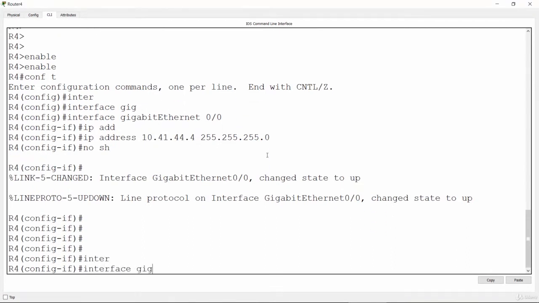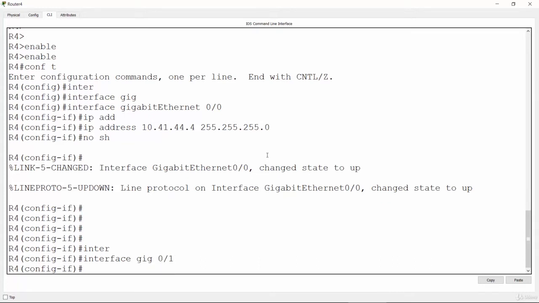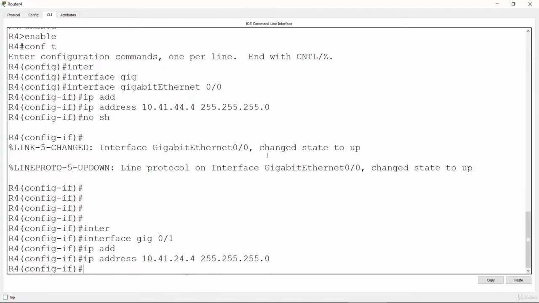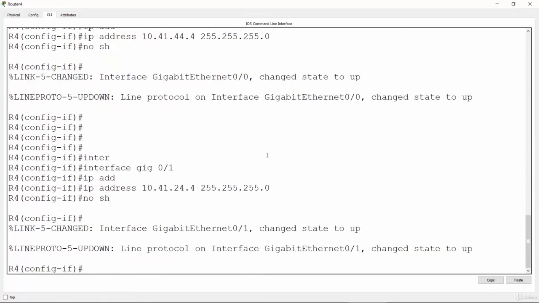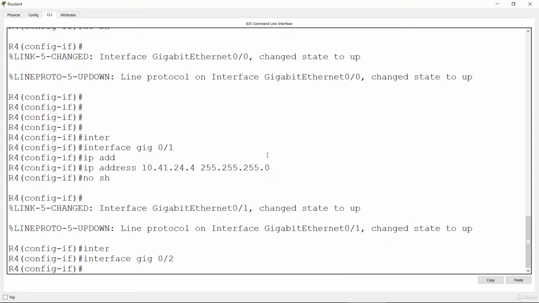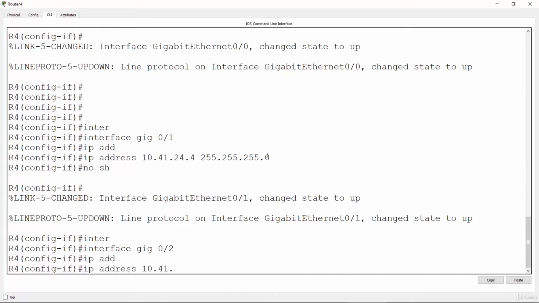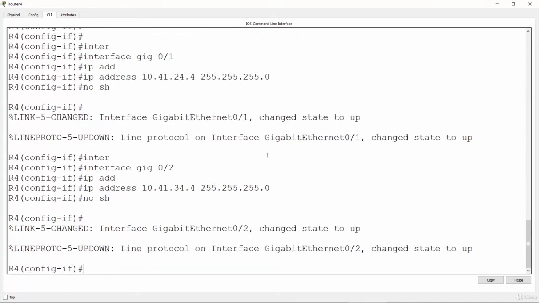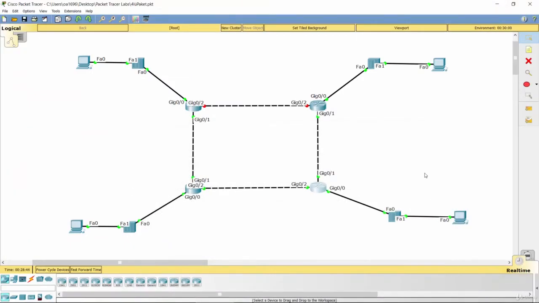Interface Gig0/1 will have an IP address of 24.4, no shut, and interface Gig0/2 will have an IP address of 34.4, and no shut. As I told you, I'm seeing a problem in the figure.